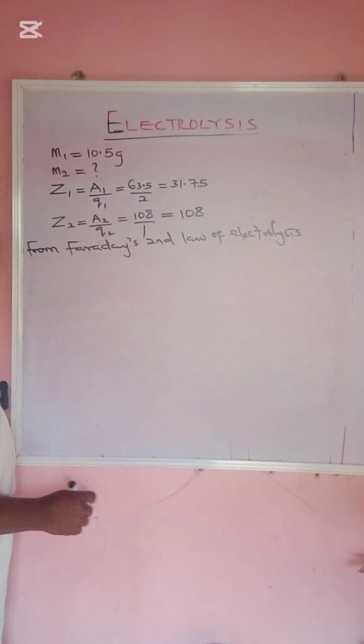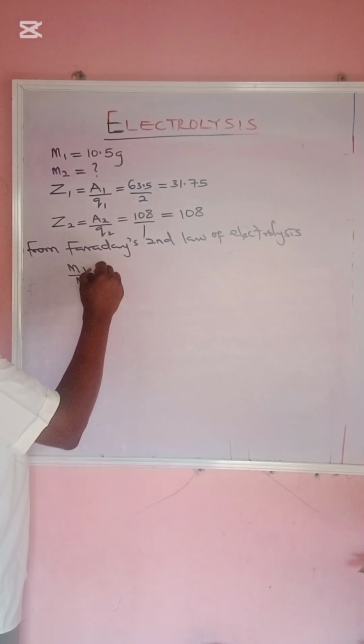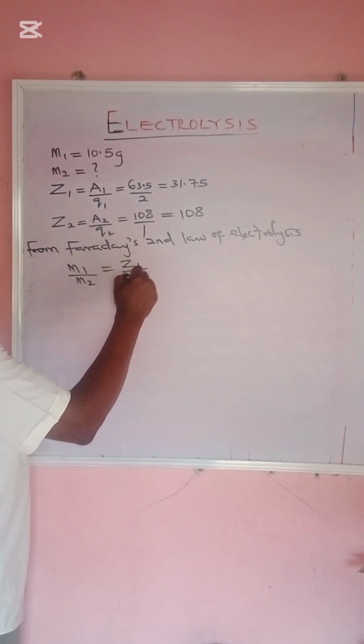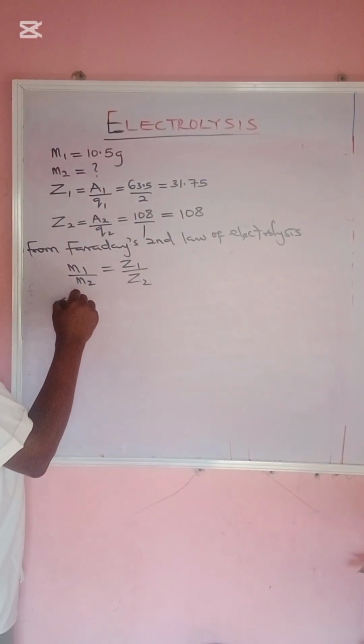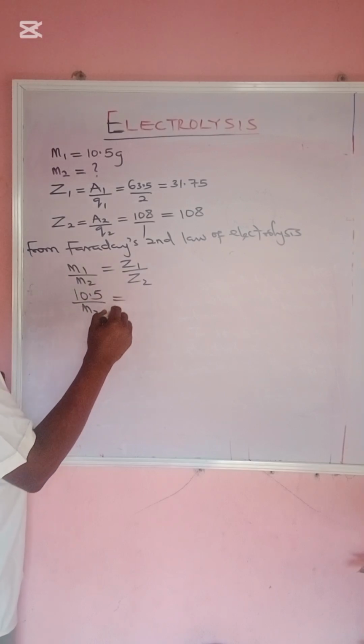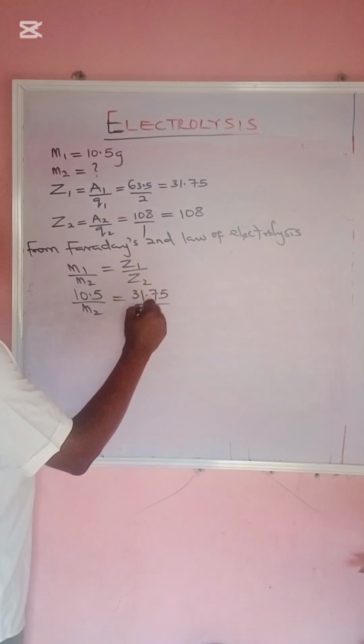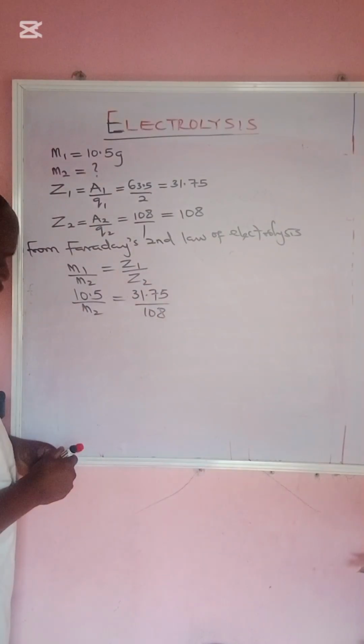of electrolysis, we say that M1 all over M2 is equal to Z1 all over Z2. So M1 is 10.5, M2 I don't know, Z1 is 31.75 over 108.